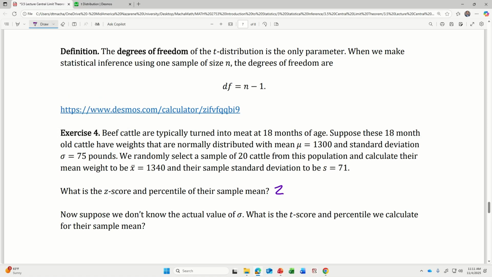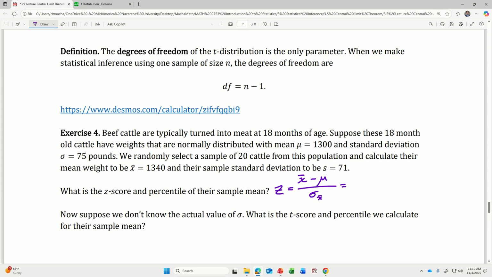So the z-score of the sample mean is going to be the sample mean minus the population mean, divided by the standard deviation of the distribution of the sample mean.